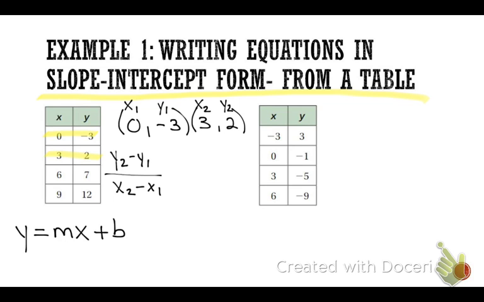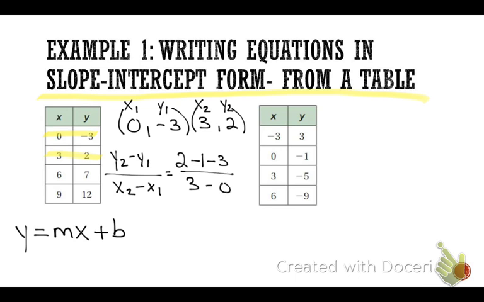Okay? So, Noah, which one is your y2 value? 2. Okay? And Jamie, which one's your y1 value? -3. So what happens, Xavier, when you subtract -3? Yes, it changes to addition. Very good. We'll do that in just a second. What about the denominator? What's that going to be? 3 minus 0.